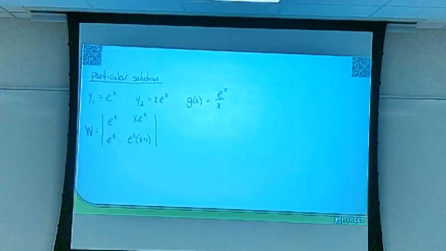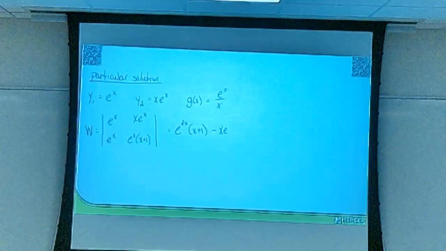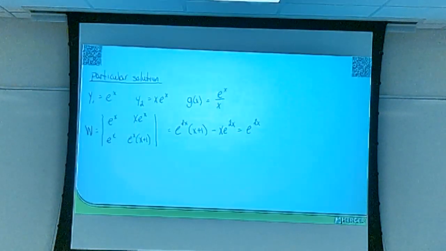Now, the derivative of x e to the x is just e to the x times x plus 1. The Wronskian should just be e to the 2x.